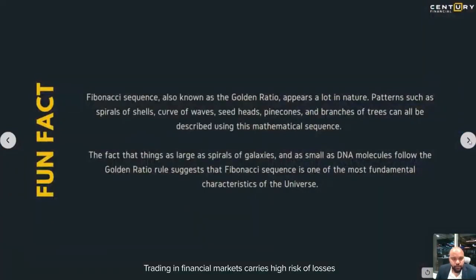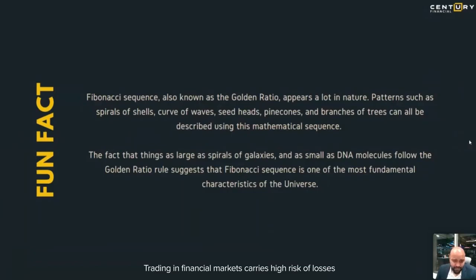All right, so the Fibonacci sequence, also known as the golden ratio, appears a lot in nature. Patterns such as spiral in shells, curve in waves, seed heads, pine cones, branches of trees, all can be described using the mathematical sequence. The fact that things as large as spirals of galaxy and as small as DNA molecules follow the golden ratio rules suggests that Fibonacci sequence is one of the most fundamental characteristics of the universe.